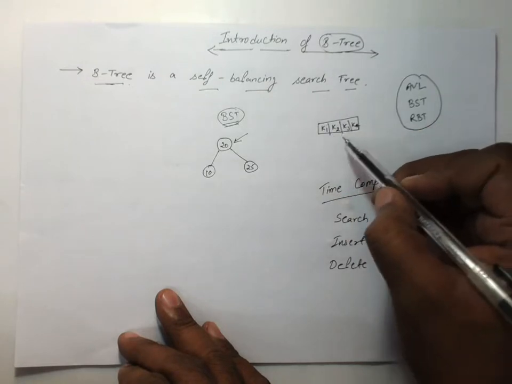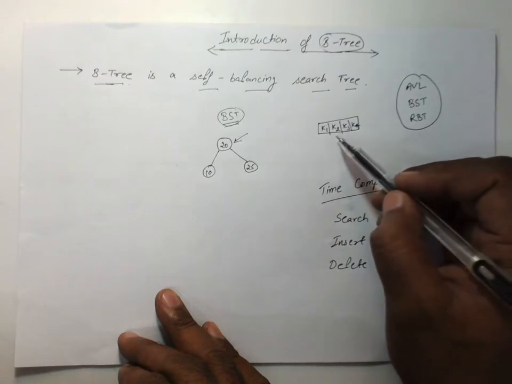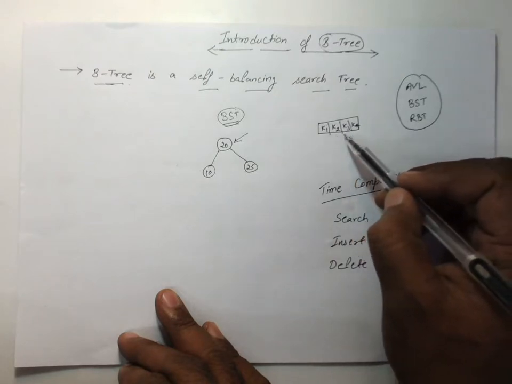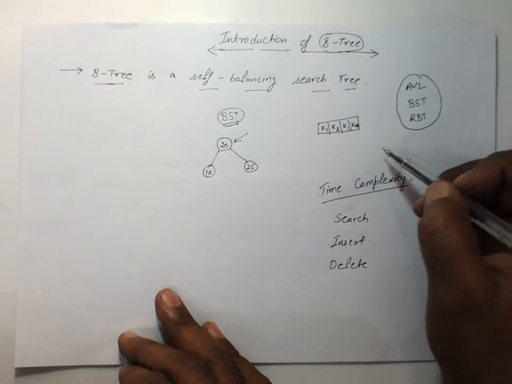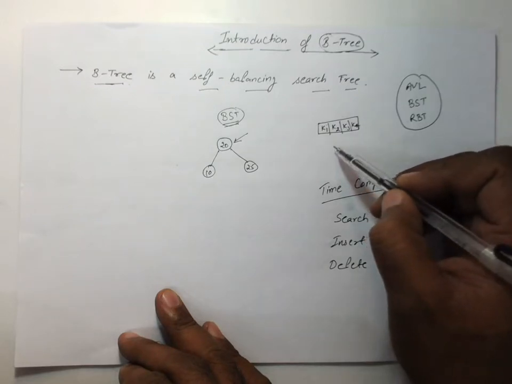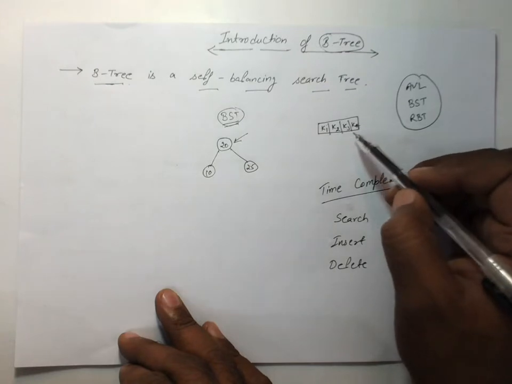How many key values can be stored depends on the question, what order is given and what degree is given. That will be defined in the case of a B tree.